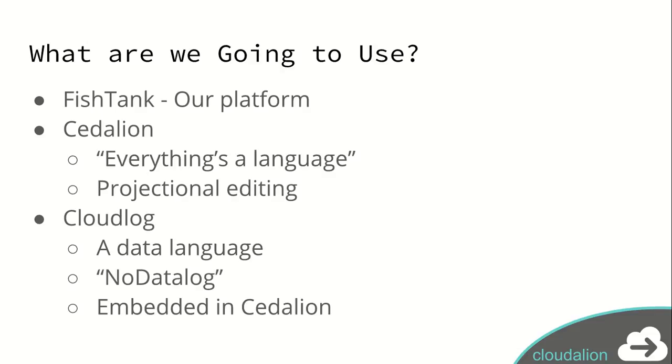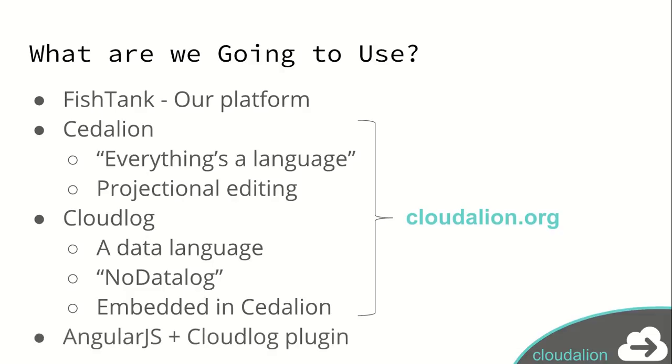So we're not going to see a strict border of when we are in Cedalion land and when we are in Cloudlog land. Actually, those two languages share a website called Cedalion. You're welcome to visit it, of course. For the client side, we're going to use Angular.js and a Cloudlog plugin that is going to make our life easier when dealing with Cloudlog.